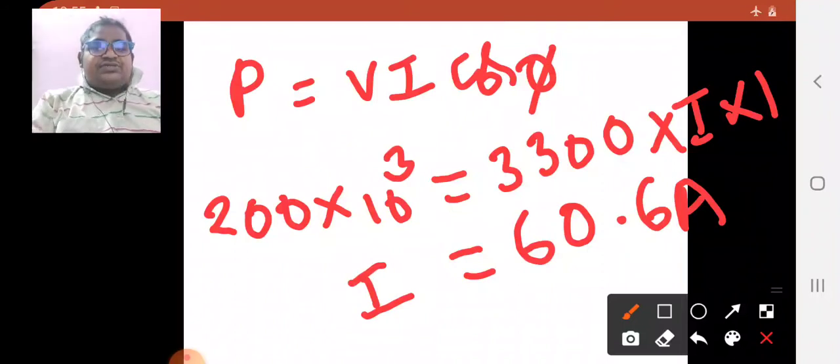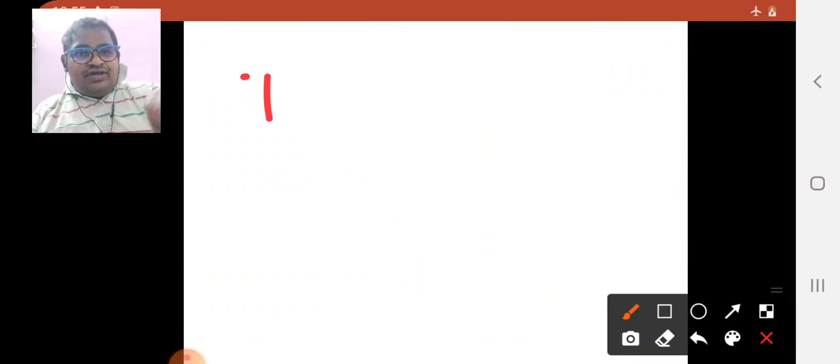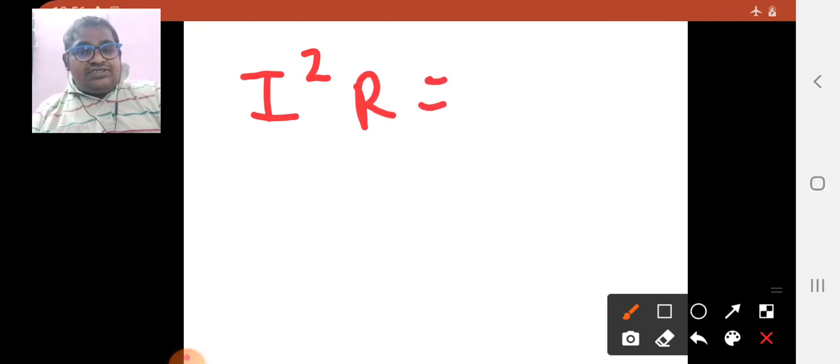Now we substitute the value of I in the I square R equation. Transmission loss indicates only I square R losses; there are no other losses.